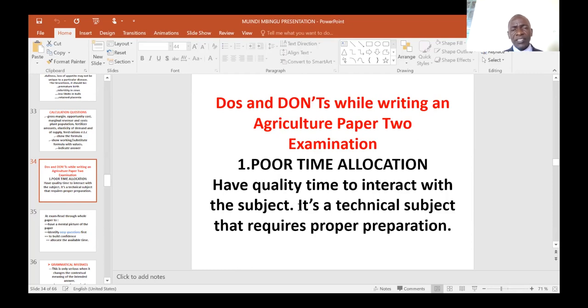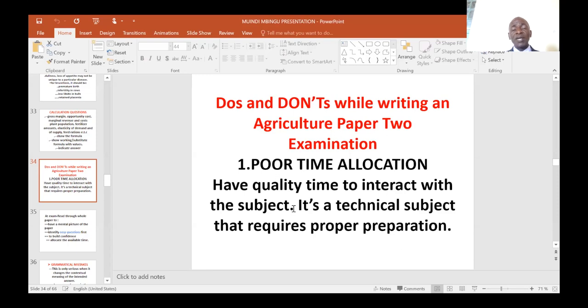It is therefore important for you to take ample time during this time of revision with your agriculture revision. Don't say that agriculture is an easy subject. Well, it might be easy, but remember, it is a technical subject which requires a lot of interpretation.